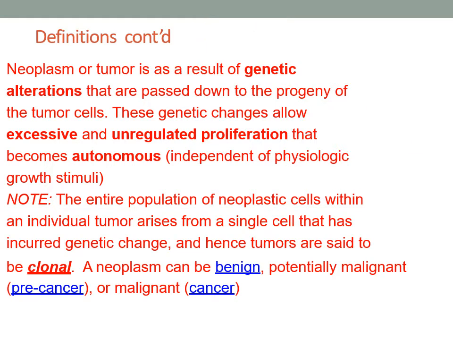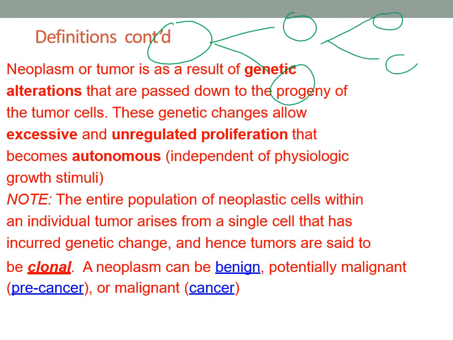Remember, in normal cell division, pro-oncogene will be stimulated and the cell will start proliferating or dividing. The cell will start dividing from a single cell to many cells, leading to organ growth. So when the growth or division of the cell is enough, we need to stop this process. So we stop by activating tumor suppressor gene. These are the genes which will suppress or stop the cell division.